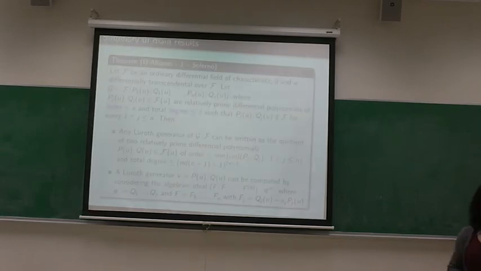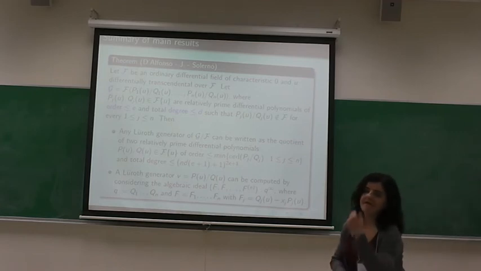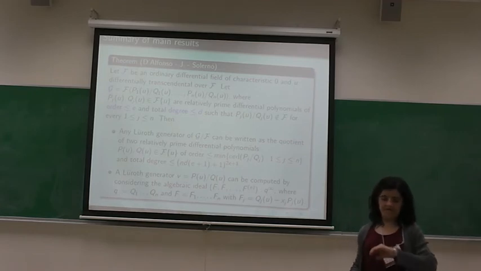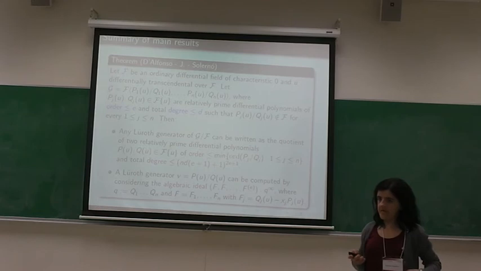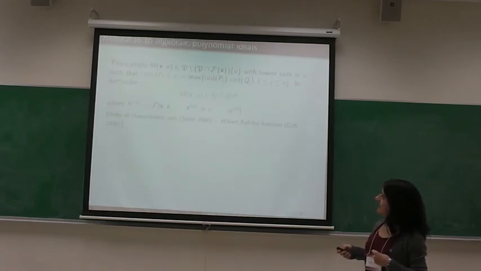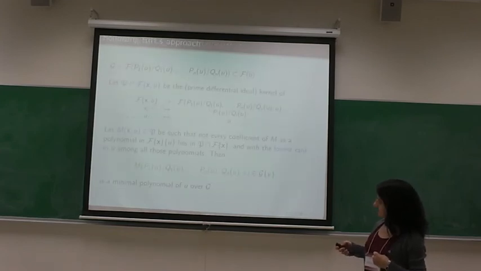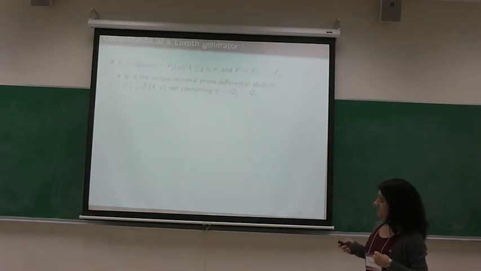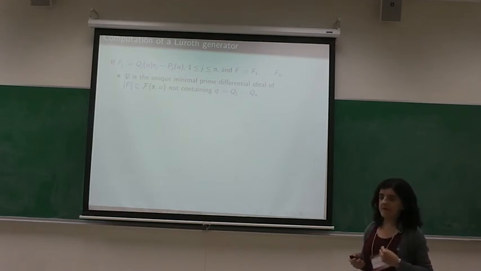More questions? For this construction, you were talking about the unique prime ideal P, this curly P. Do you have a feeling whether the dimension of this P influences the kind of result you can give?